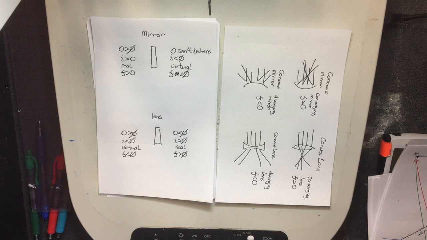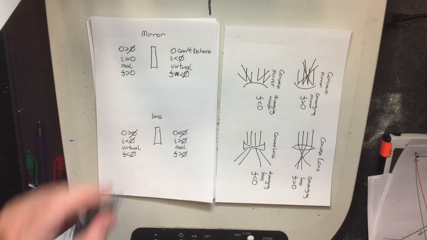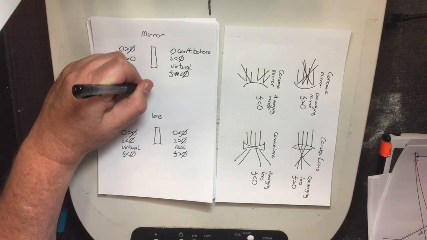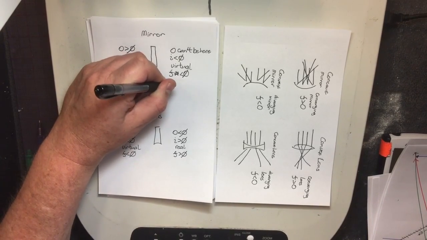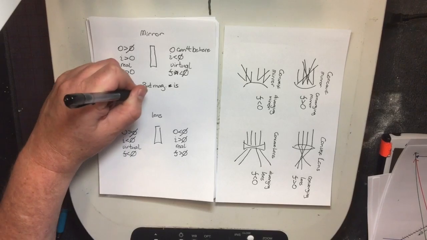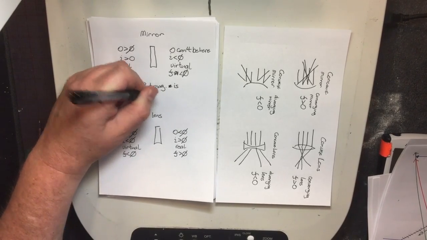So focal length inverts, images invert. And so you could start seeing the differences between the two. But magnification is constant.